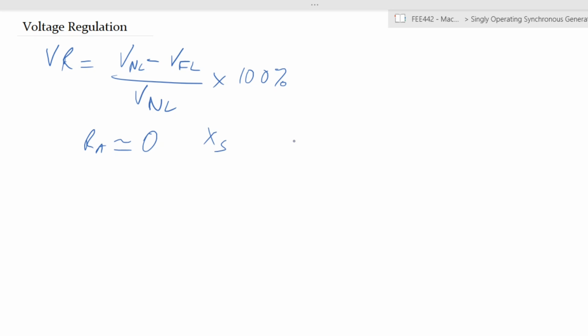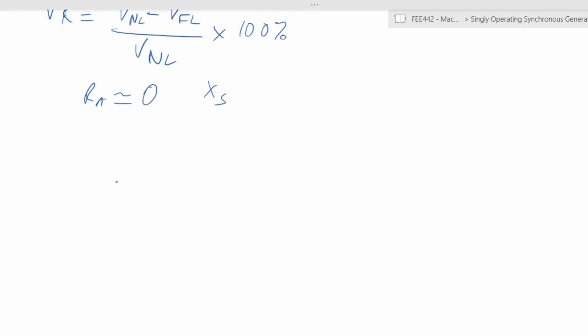Now, initially, say you have your generator and our phasor diagram. Let's say that is your VT, the terminal voltage. Your internally generated voltage will be determined by the value of the terminal voltage and also the value of the current.